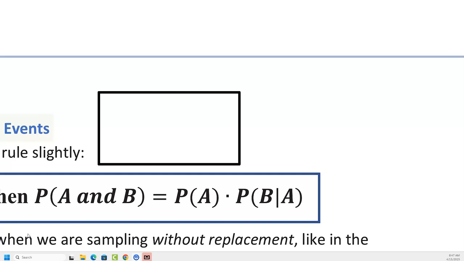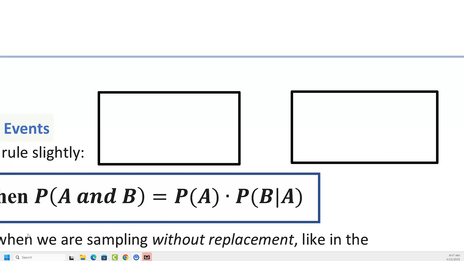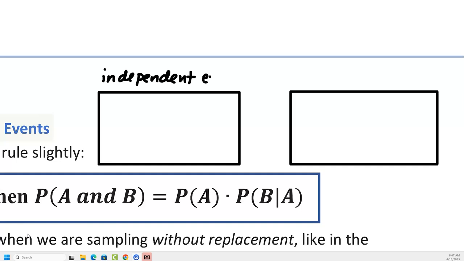And then I'll draw a second one here. Let's make the first one for independent events and the second one for dependent events.